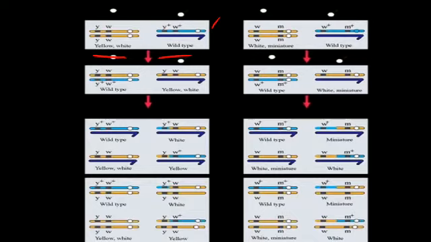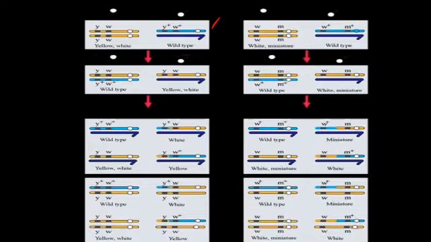Drosophila has its sex chromosomes represented the same as in the case of humans, that is, the male is represented by XY and the female is represented as XX, just like humans.